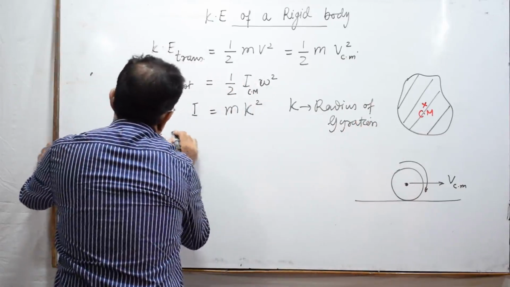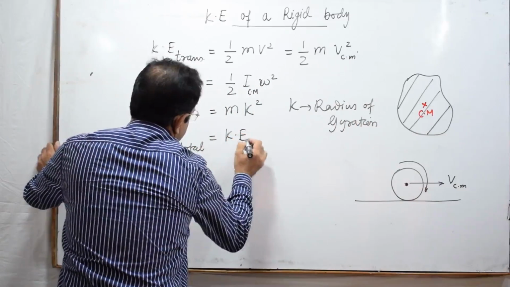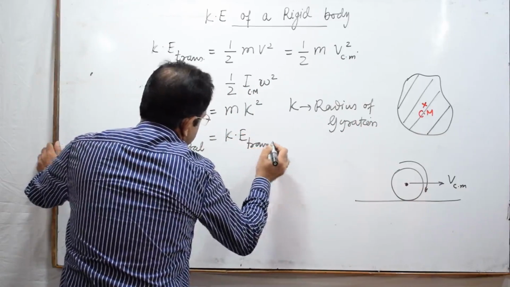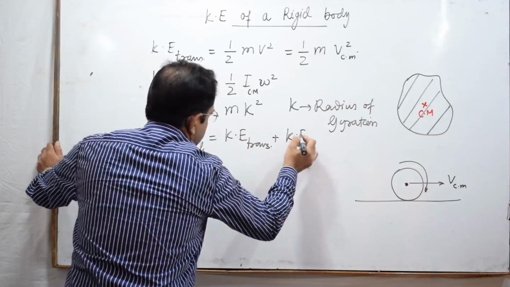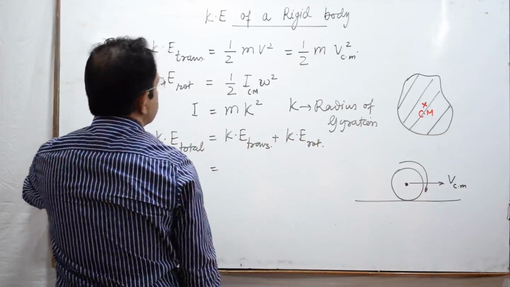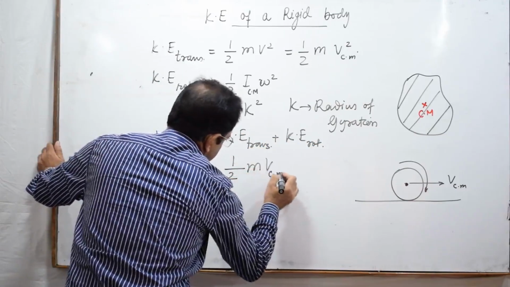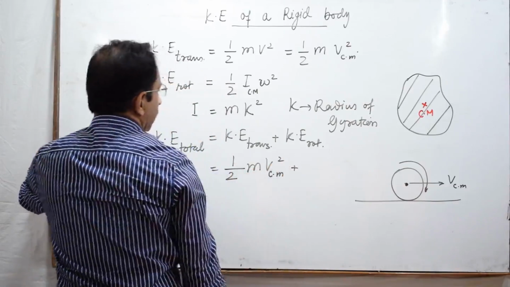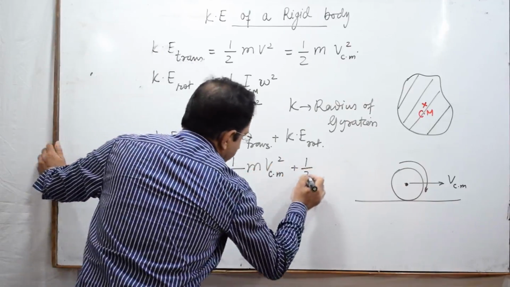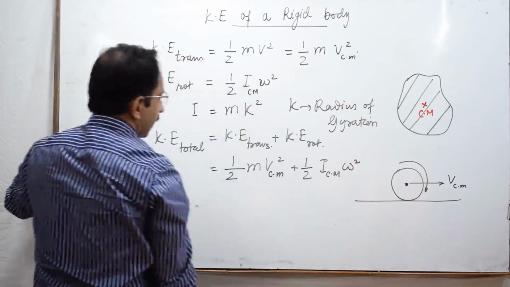So kinetic energy total of the rigid body will be equal to kinetic energy translational plus kinetic energy rotational. And as you see, kinetic energy translational is equal to 1 by 2 m VCM square, and then we have the kinetic energy rotational which is equal to 1 by 2 ICM omega square. Omega is the angular velocity.